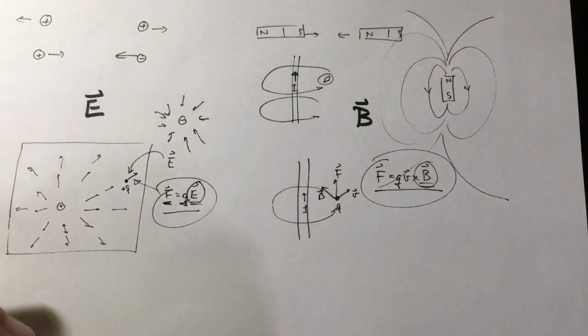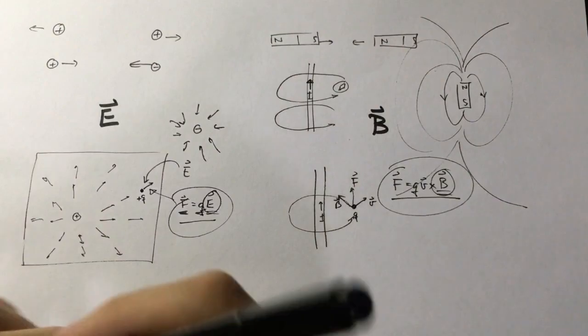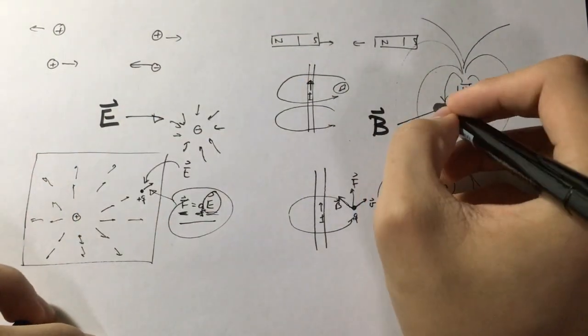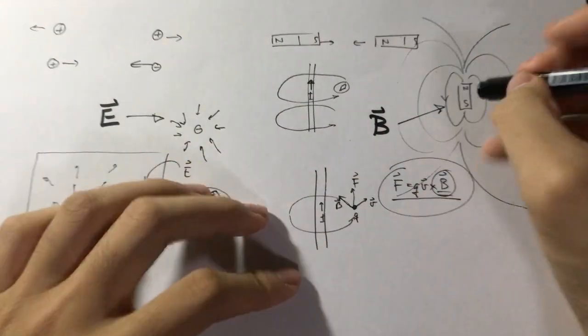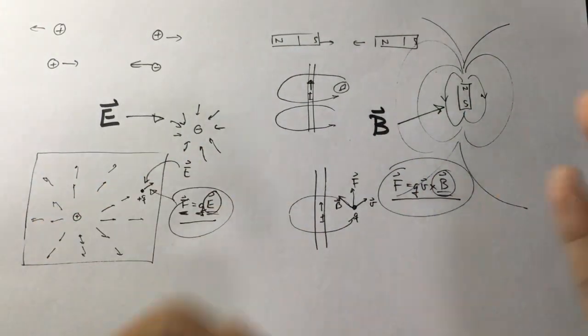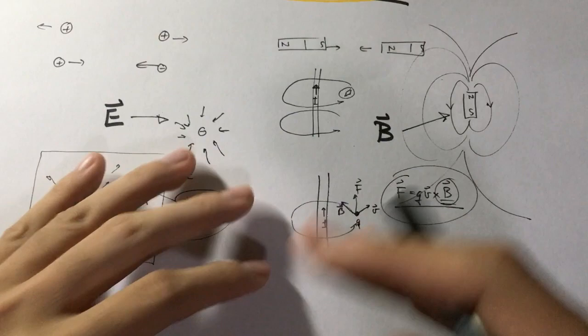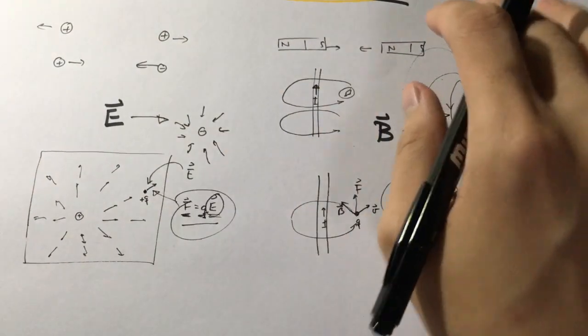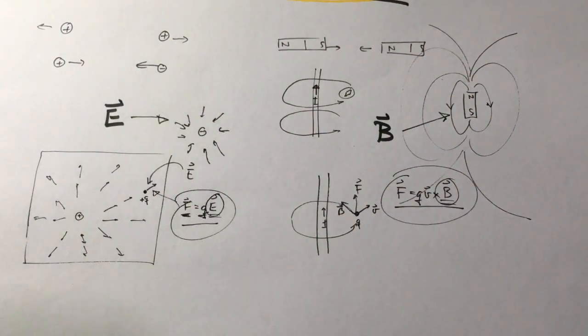So in E&M, you study all of these things. Why does the electric field look like this? Why does the magnetic field look like that? And why does something like a magnet create a magnetic field in the first place? And in electricity and magnetism, E&M, you basically work with a set of 4 different equations.